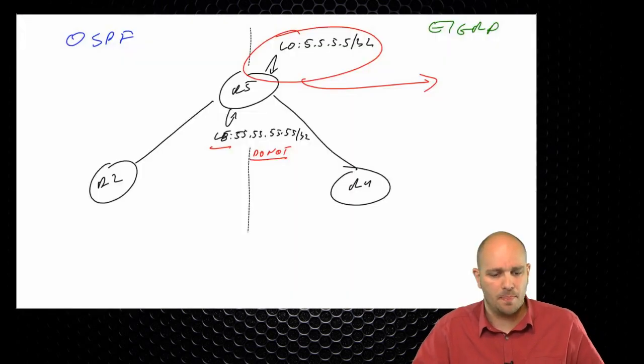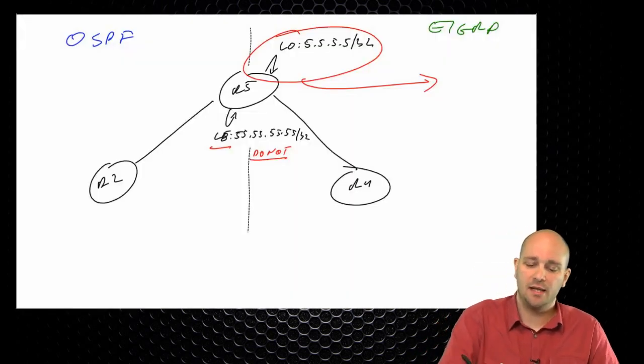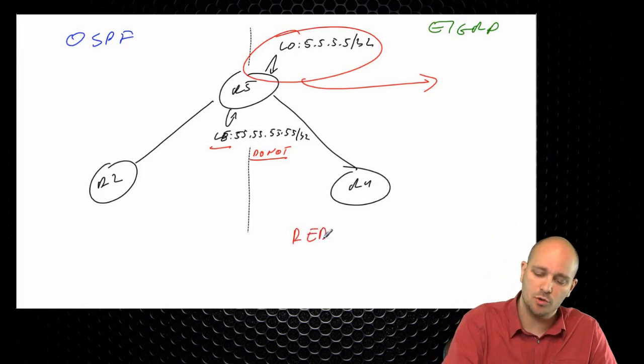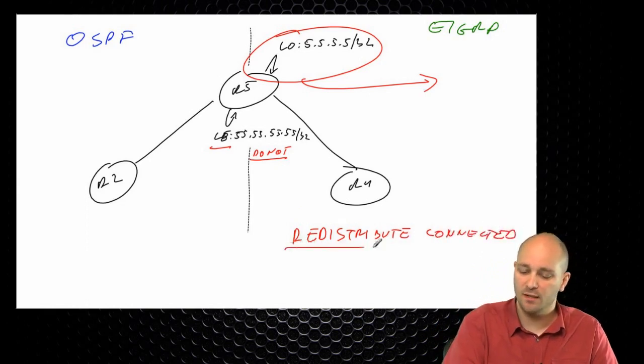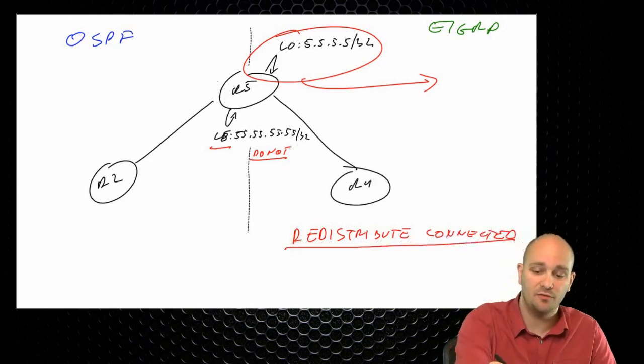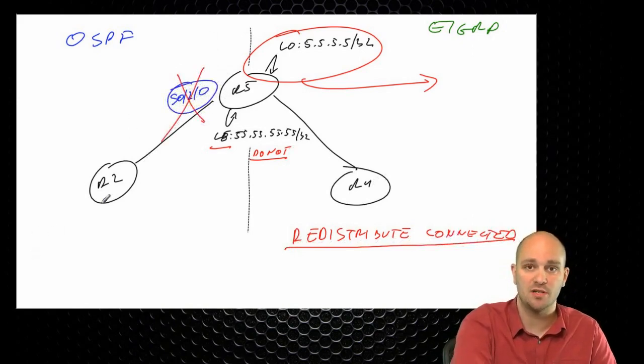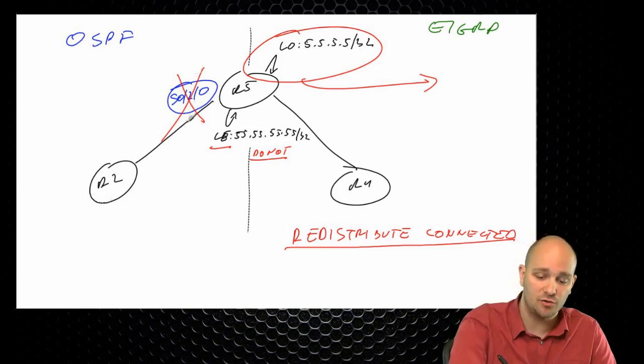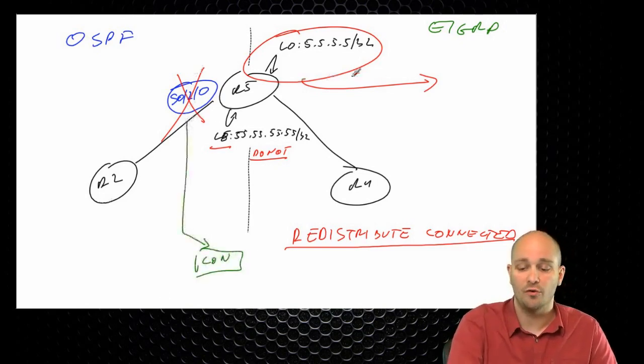What happened here? The moment we did redistribute connected, this interface here, this serial 0/0, which was treated as an OSPF interface, is no longer treated as an OSPF interface and is suddenly treated as a connected interface for the purposes of redistribution.